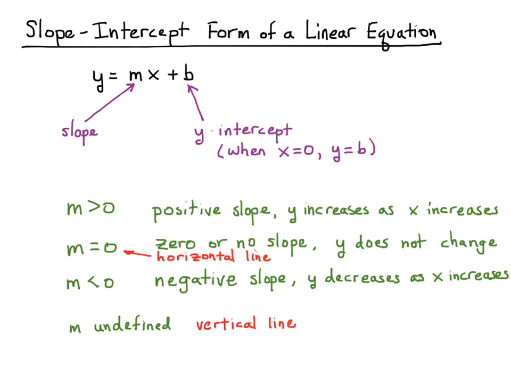So if we calculate the slope there, we get 3 minus 1 over 2 minus 2, which is going to be 2 over 0. So we have division by 0, and so the slope here is undefined. And that's the only way we need to describe it, is just to use undefined for the slope.